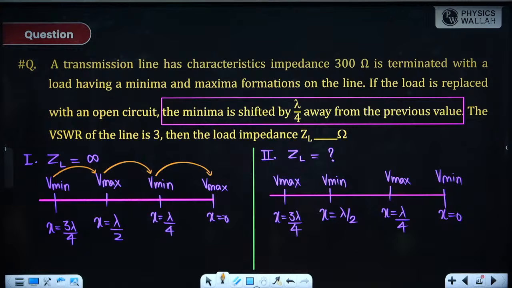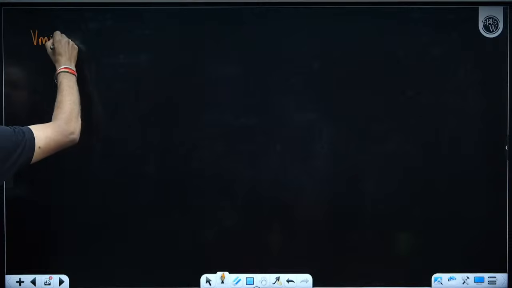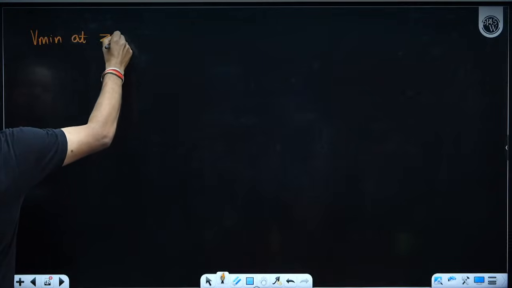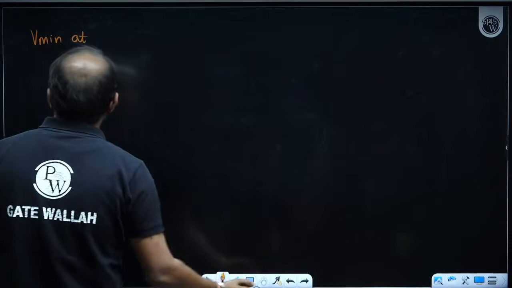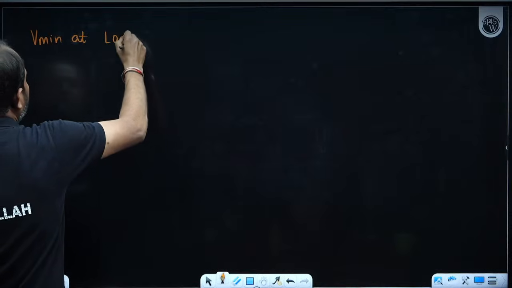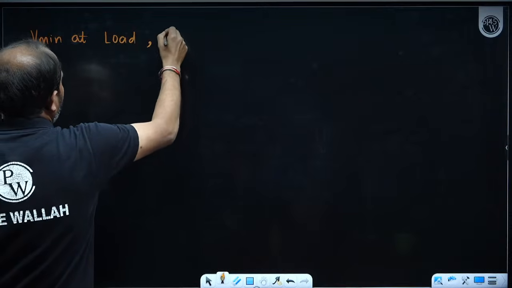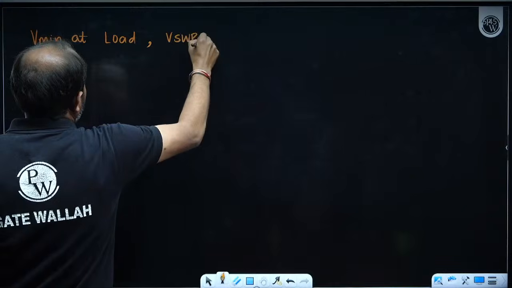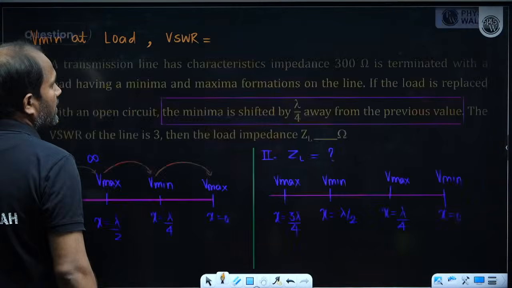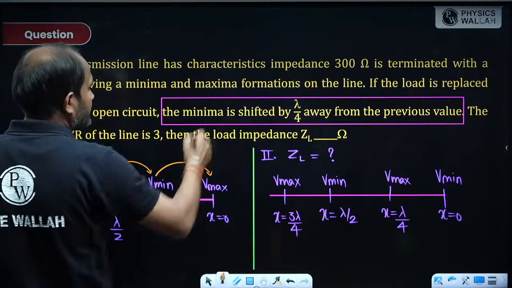So ZL is unknown. So V minimum at load, that means short circuit or open circuit. V minimum at load, and VSWR is equal to 3.